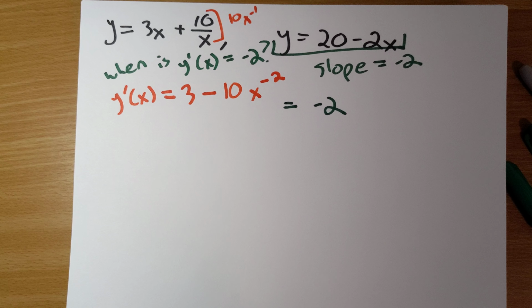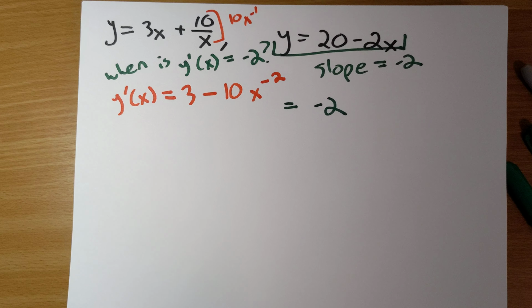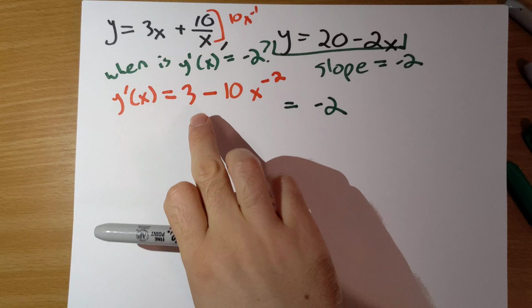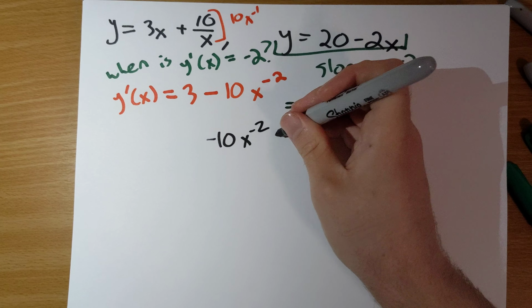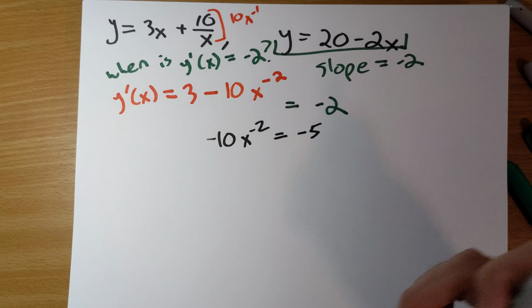We have an equation here to solve. We want to solve this equation here for x. Let's subtract 3 from both sides. -10x to the -2 is equal to -5.